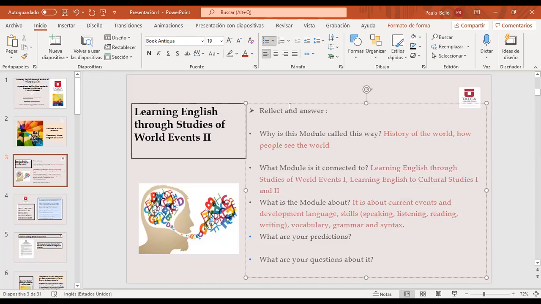Skills improvement, Catalina says, your prediction is that you're going to improve skills. Yes, so we will dedicate a whole unit to speaking, for example, a whole unit to writing. So skills improvement is part of what you are predicting you're going to do. What else can you predict?